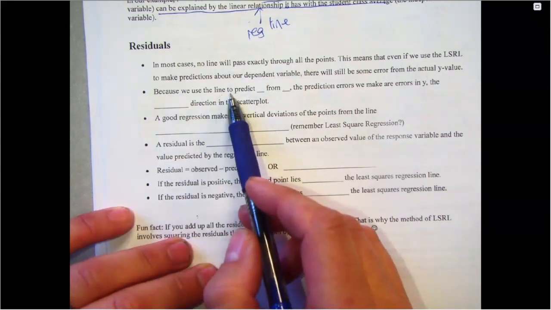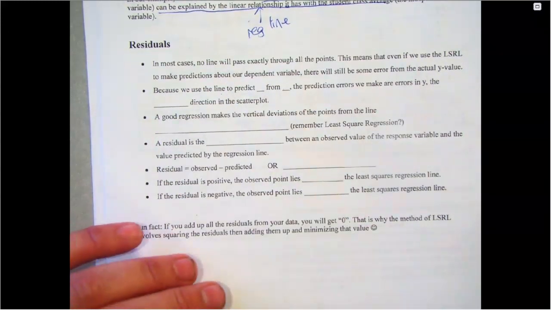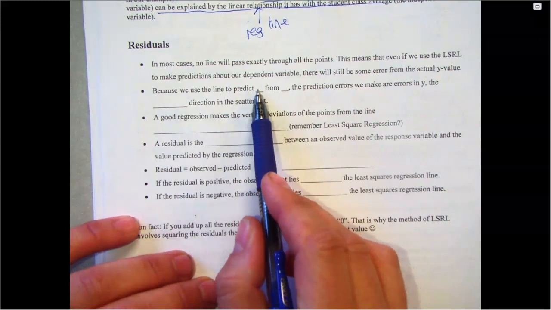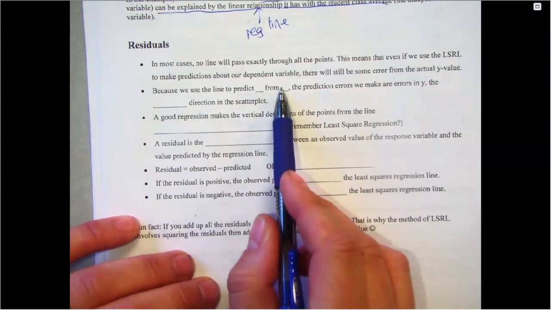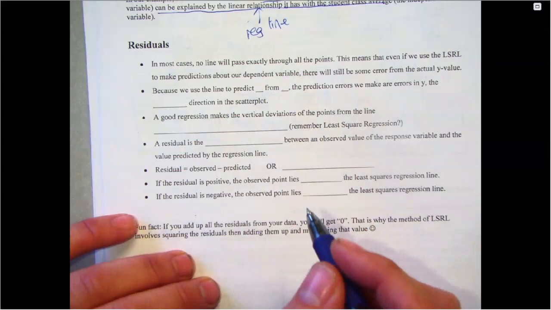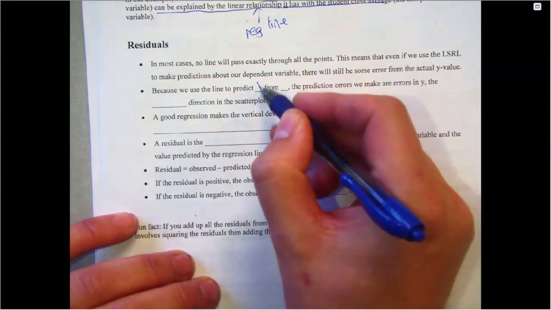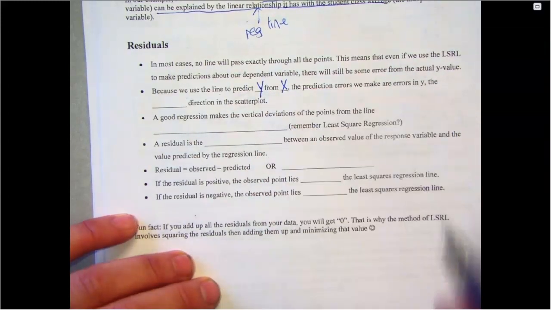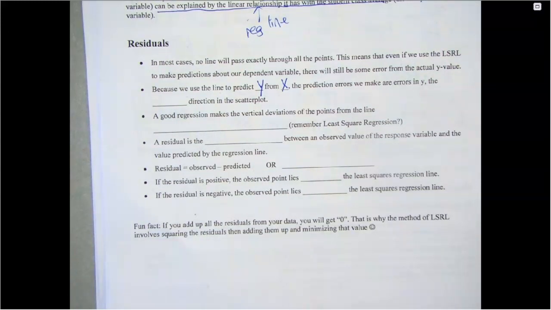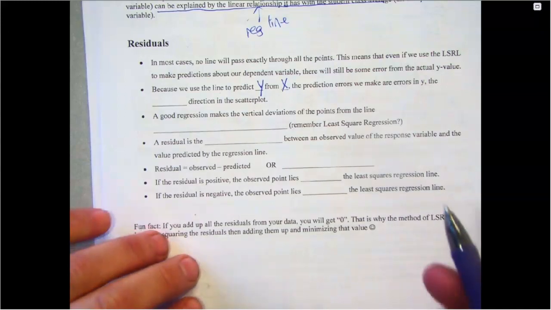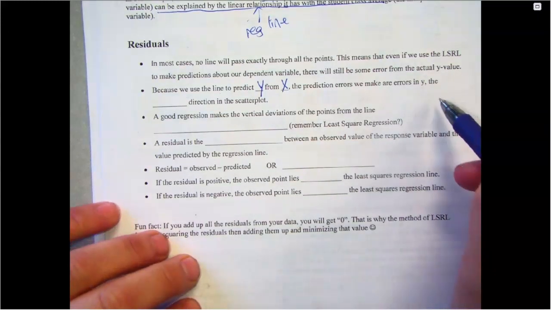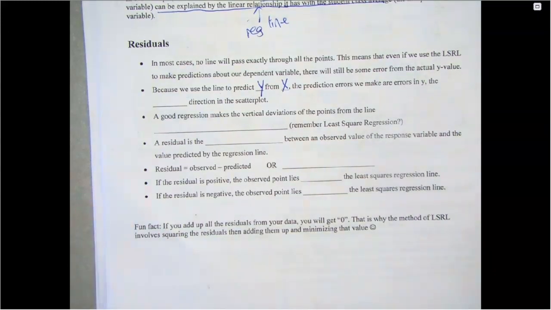We use the line, so our regression line, our linear regression. We're trying to predict what from what? X from Y or Y from X? We're trying to predict Y. Y is the response. It's going to respond to whatever X is. So we think X predicts Y. And the errors we make, I put that graph up with the lines to the line.